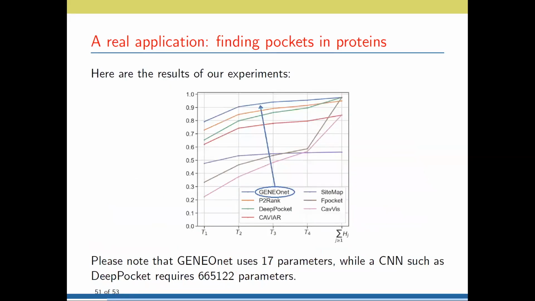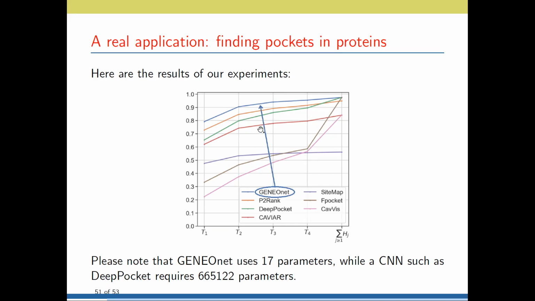What is the result? In this diagram, the higher, the better. The blue line is GENEONet. The other lines are other state-of-the-art methods to locate pockets in proteins. And you can see that the result obtained by GENEOs is quite good. But what is the difference?